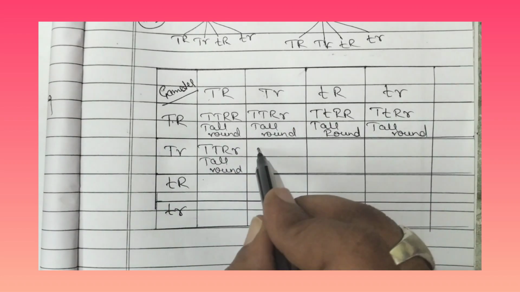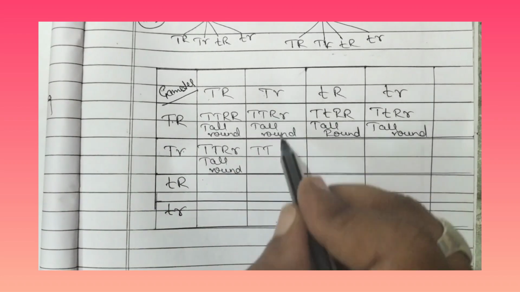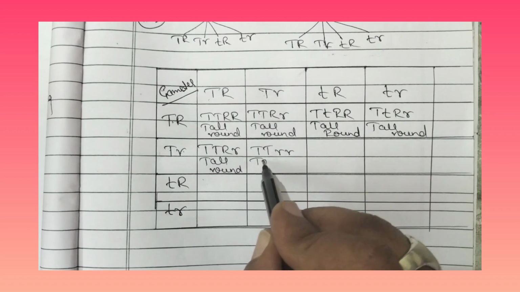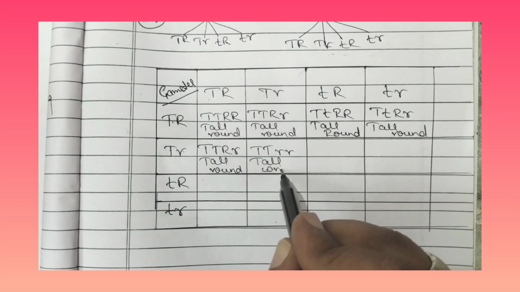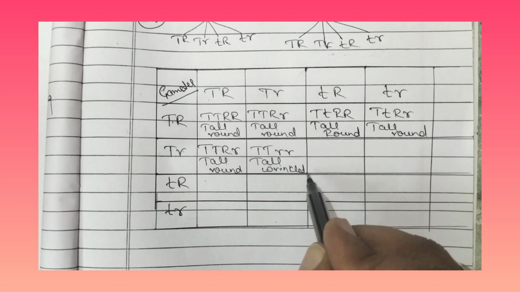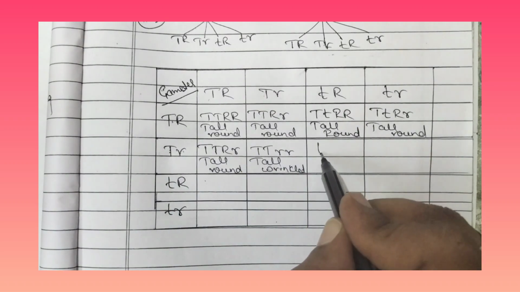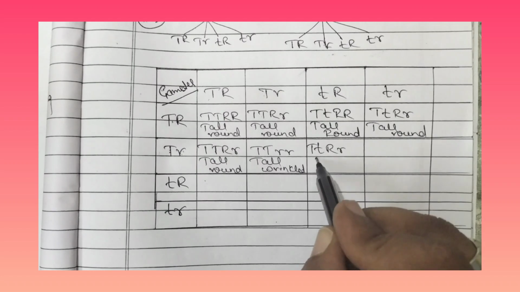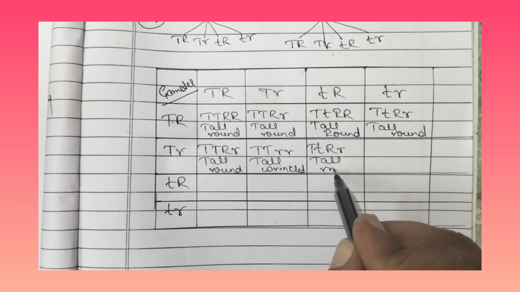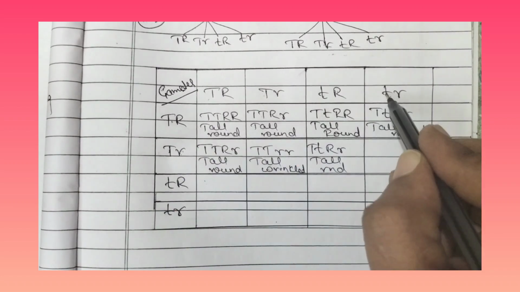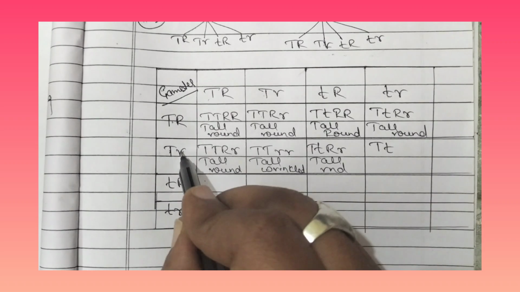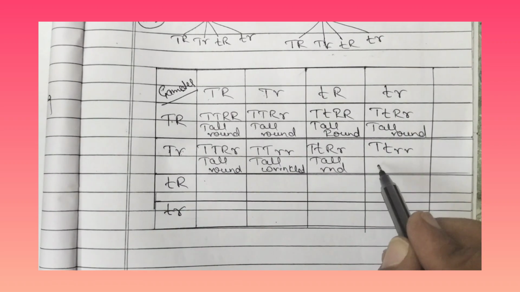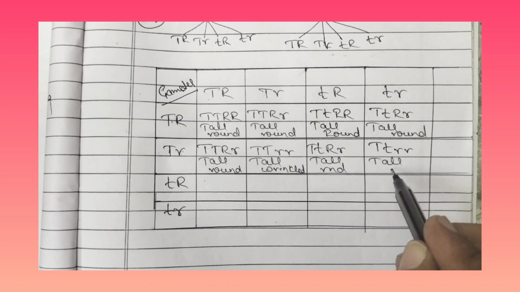Capital T, small r, small r. So plant will be tall but wrinkled seed. Capital T, small r, capital R. So tall, round. Capital T, small r, small r. So it will be tall but wrinkled.